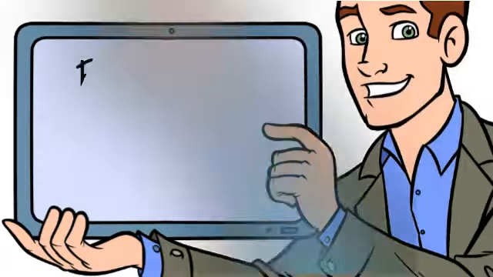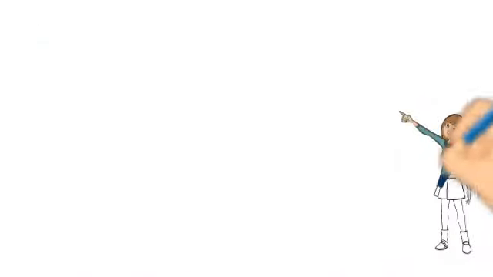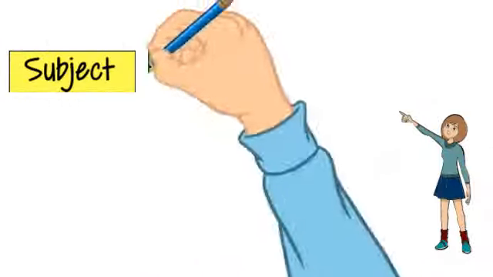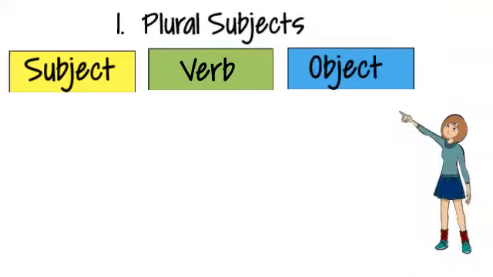Alright, on to the next segment, how to write positive sentence structure. Every sentence must have a subject, verb, and object. So, let's look at the first rule, which is plural subjects. How do we make a sentence? Let's look at sentences that use G1 first.